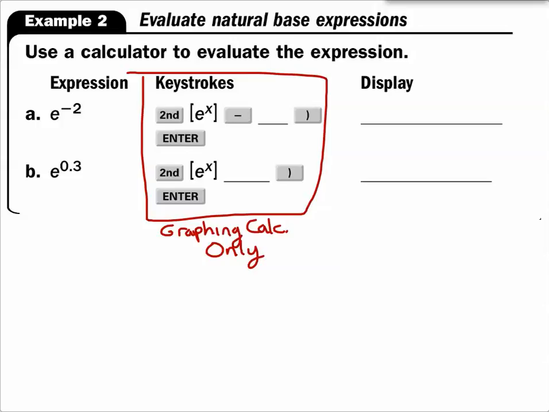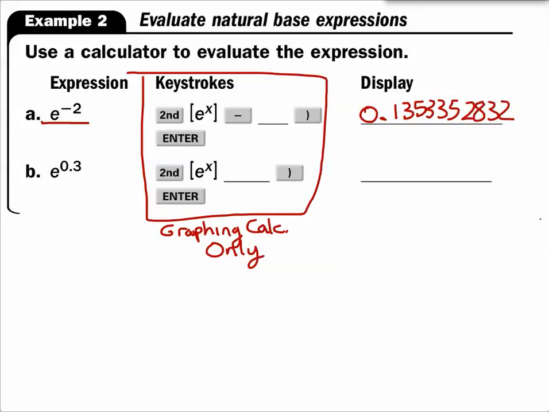So for part A, for example, e^(-2), you're just meant to find some way of evaluating that on your calculator and getting a decimal approximation. And you should hopefully be able to get 0.1353352832. Boom.